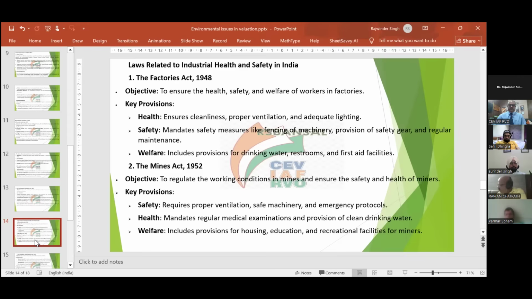For health, it mandates regular medical examinations of the miners and provision of clean drinking water for them. Then for welfare, the provisions include housing, education, and recreation facilities for the miners.